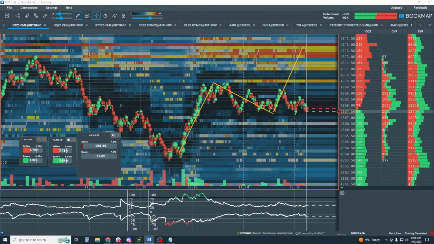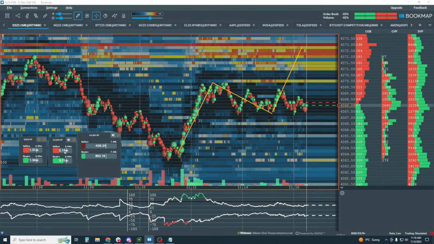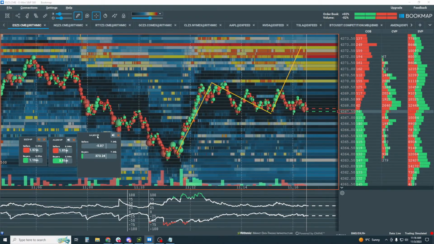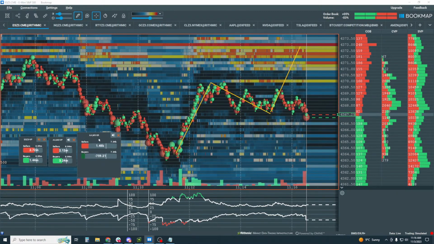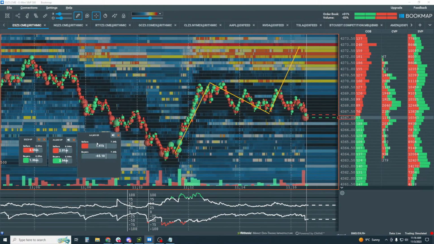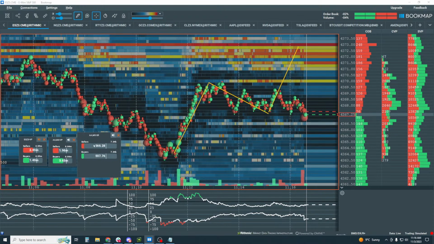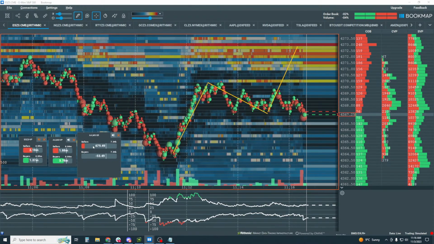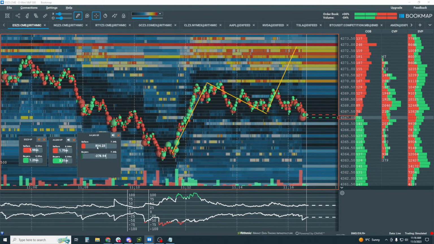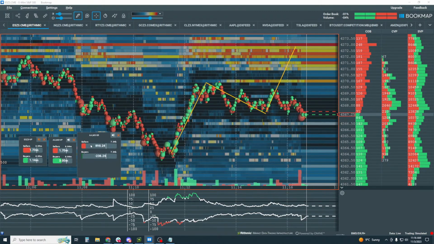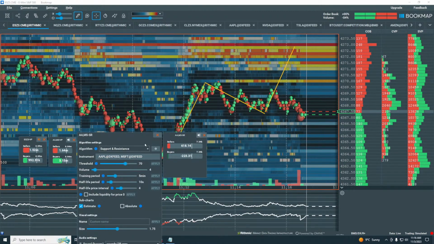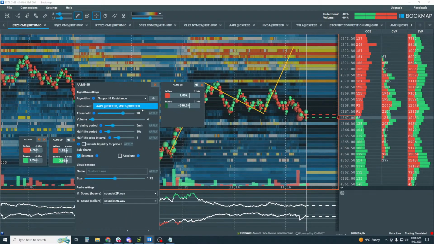It looks like it's the same as volume pressure, but it's not. It says SR here, which is support and resistance. Let me go through it here. There's more to it in this one.